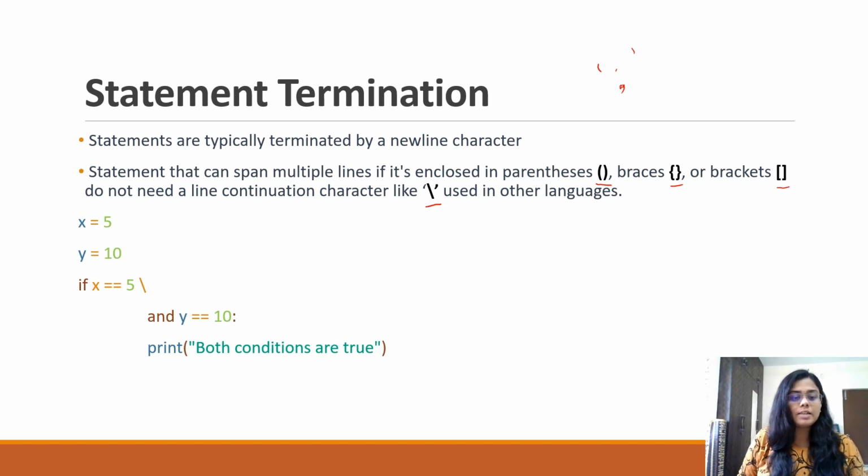Here, in this example, as you can see, x equals 5 is a statement. There is no need for a semicolon; you can go to the next line. So y equals 10 is the second statement. Now, here, even though this particular if condition is short, we want to display it in multiple lines. In that case, a backward slash is used that will help the interpreter understand that this is a continuation of the previous statement.